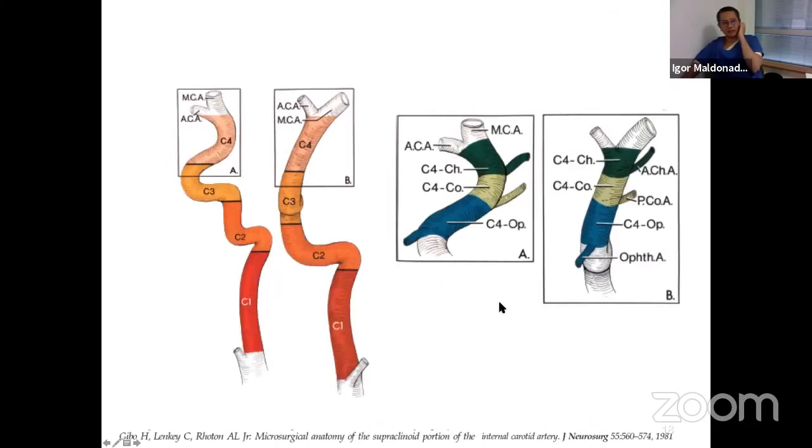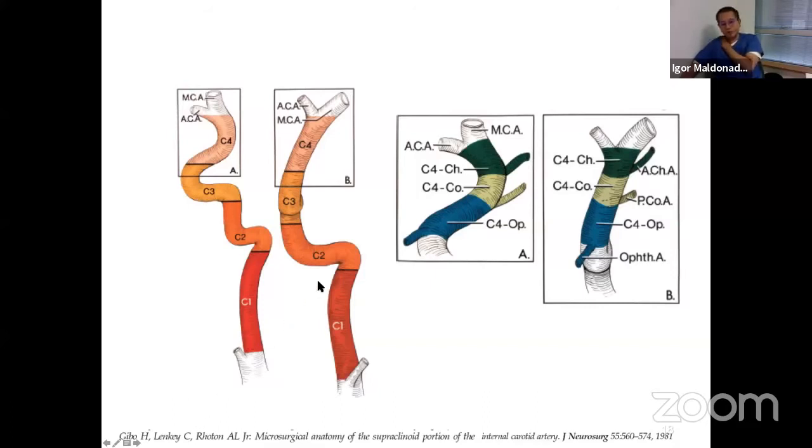And something that is important is that for a more precise classification of the subarachnoid segments, there is a subdivision which is generally used. You see it maybe here in this publication from Professor Rhoton's group. We can refer to an ophthalmic, communicating, and choroidal segment.